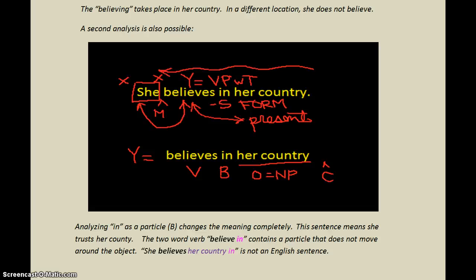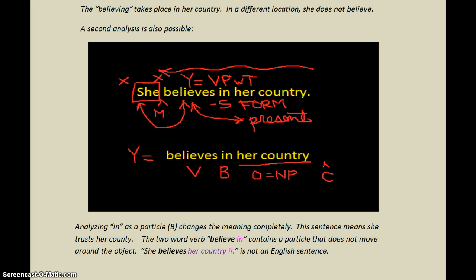But when we rewrite it and take a look at the Y phrase, the verb phrase with time, we see believes is the verb, in is called the particle, and her country becomes the object, which is a noun phrase, and the complement place is empty. When I do it this way and I call in a particle, this sentence means that she trusts her country.